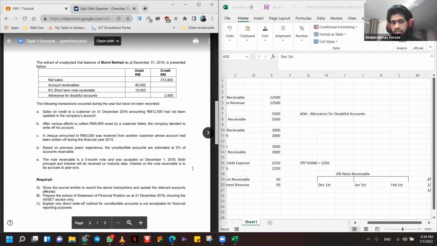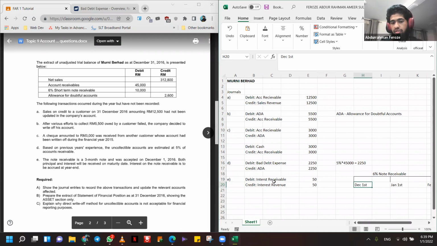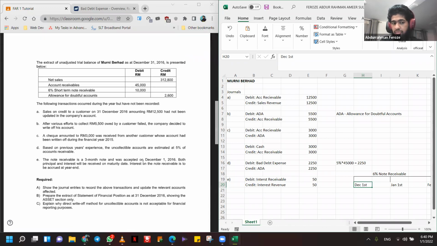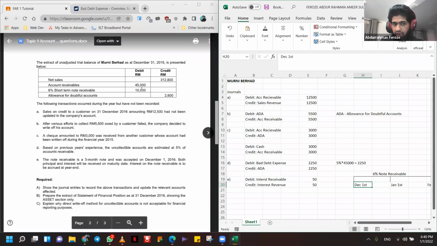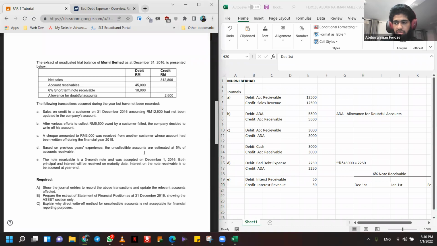So for the transaction that we are looking at, we are only interested in the interest that is receivable for the month of December, and that is 50 ringgit, because this interest is not paid. The principal of 10,000 plus the interest over the 3-month period will be paid by the person who took the note at the end of February.